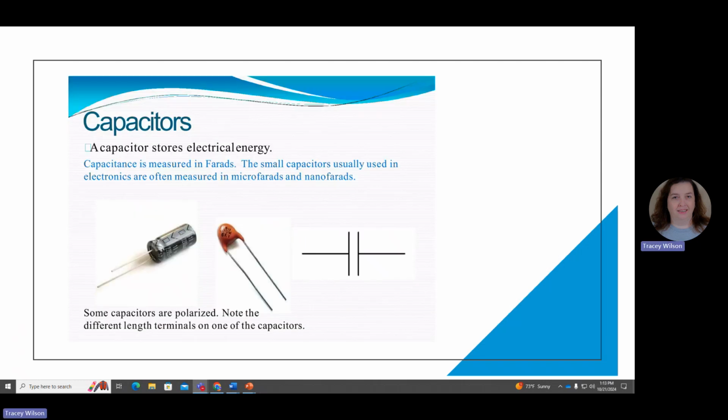So this is the big thing. We have capacitors. They're in your kit. If you're looking at a printed circuit board, they'll often look like the round barrel-shaped ones.